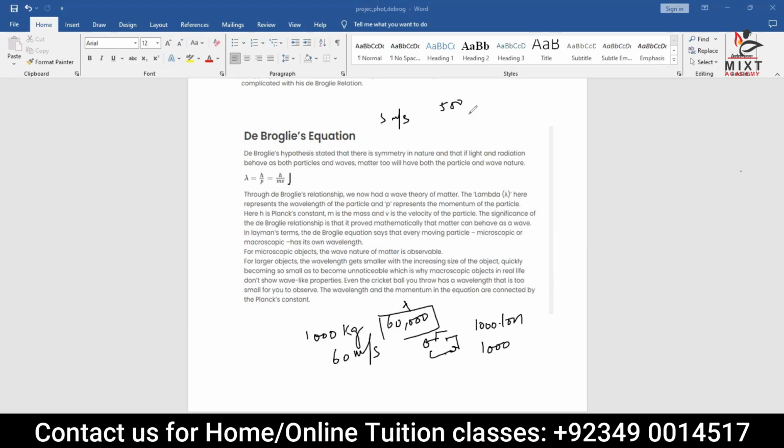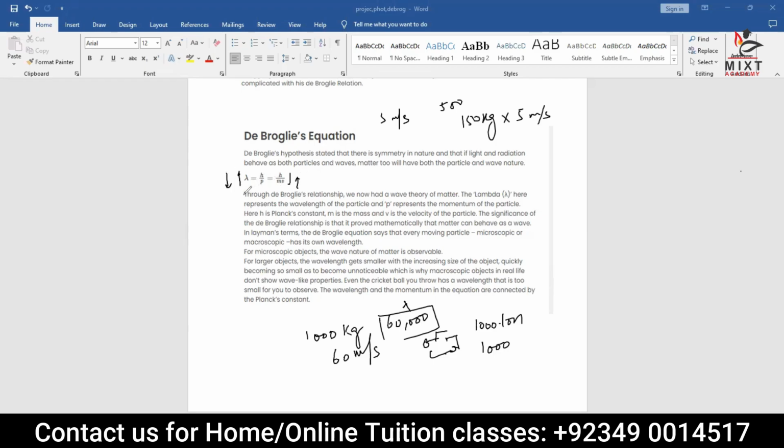If some person has 150 kg and is running with 5 meter per second, his momentum will be higher. So as per the formula, if the momentum is increasing, the lambda will be reducing.